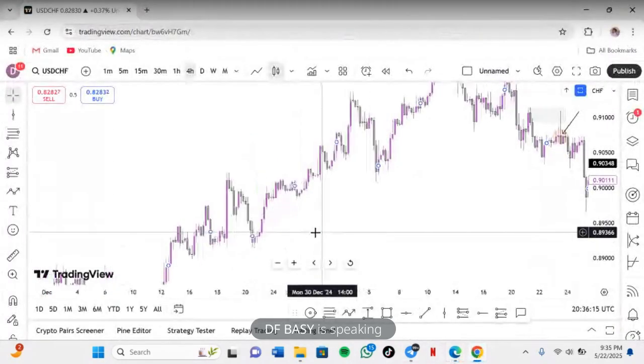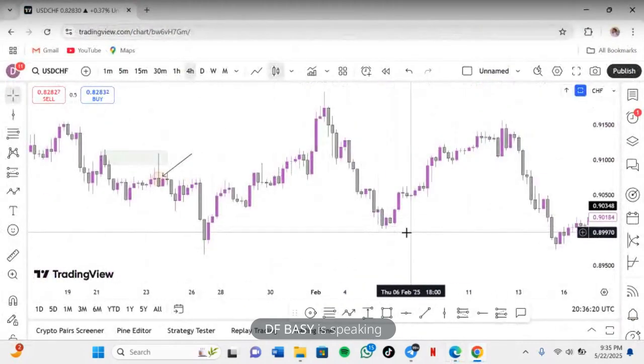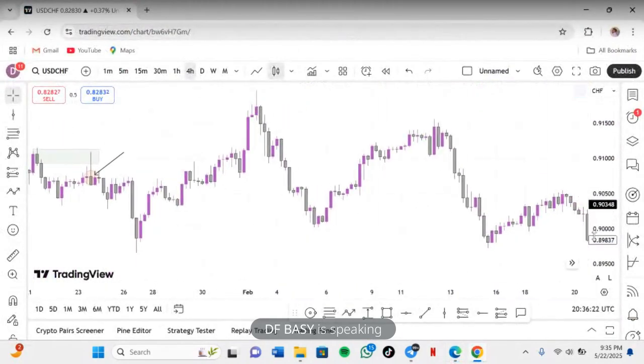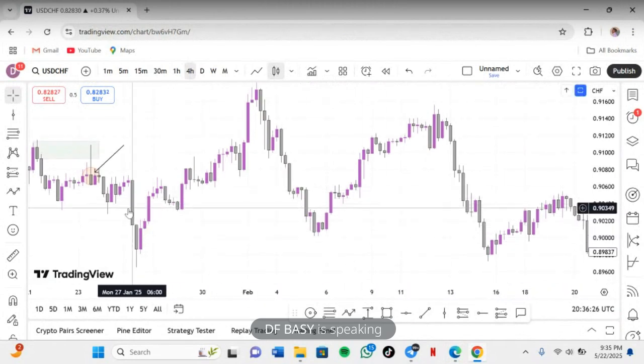Let's go to the chart. It's easy to spot: a bullish candle engulfing a bearish candle. So like this, I can spot 6, 7, 8, 9, 10, 11, 12, 13, 14.